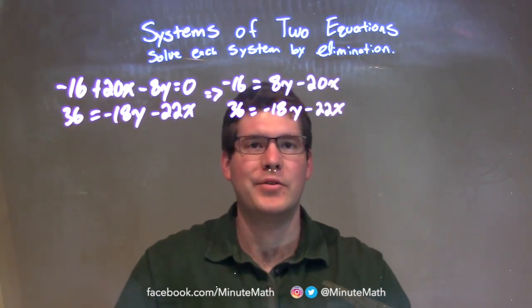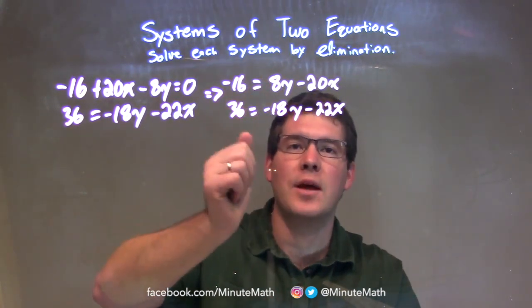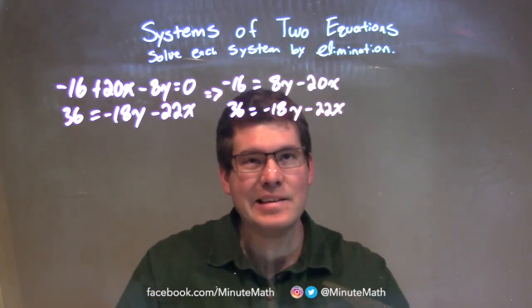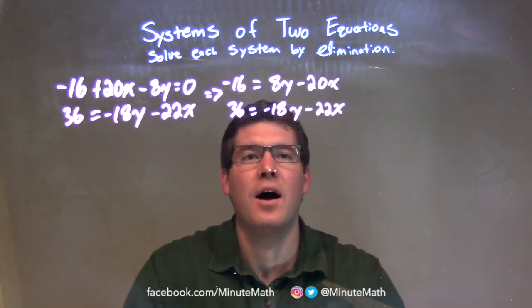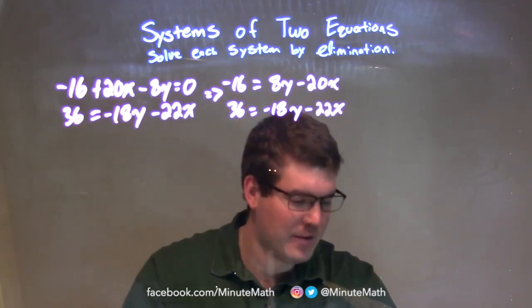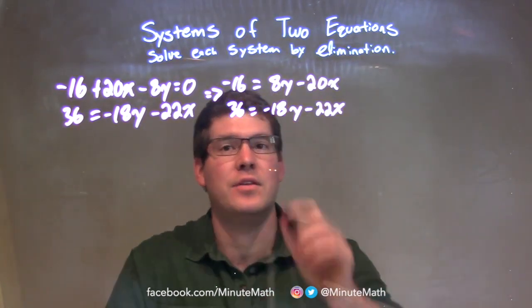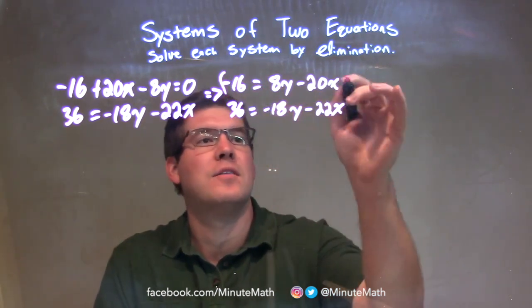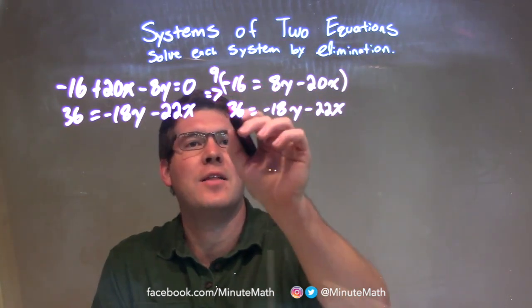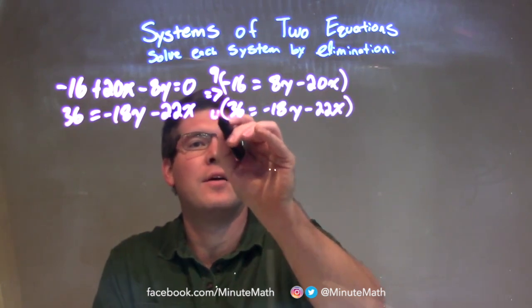We have our two equations here, and we need to find a way to eliminate one of the variables. I find the easiest one here to be the y's. If I multiply -18 times 4, I get -72, and 8 times 9 is 72. So I'm going to take the top equation and multiply it by 9, and the bottom equation, multiply it by 4.